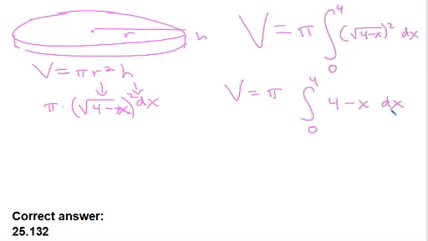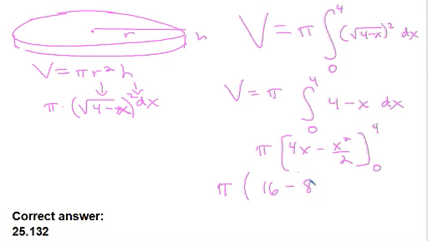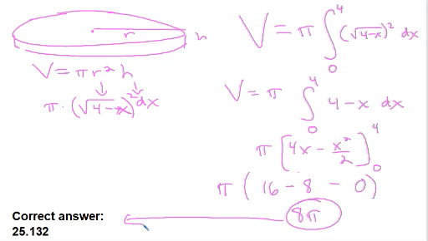So my antiderivative here would be 4x minus x squared over 2 evaluated from 0 to 4, but don't forget we're going to multiply that whole thing by pi. So, plugging in my 4, pi times 16 minus 16 over 2 is 8, and then the rest of it is 0. My answer is going to be 8 pi, which is our correct answer we set over here.